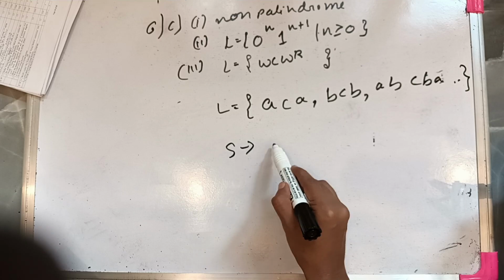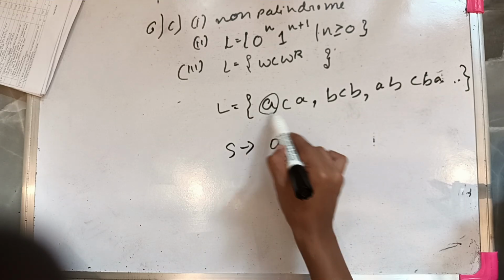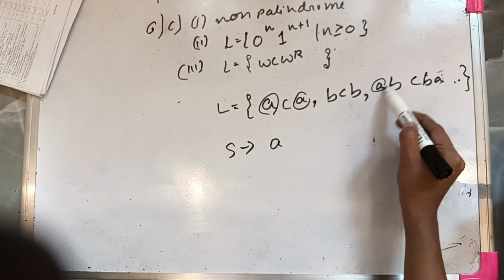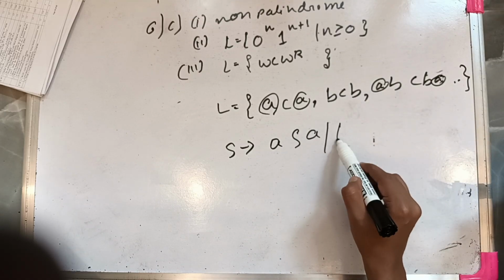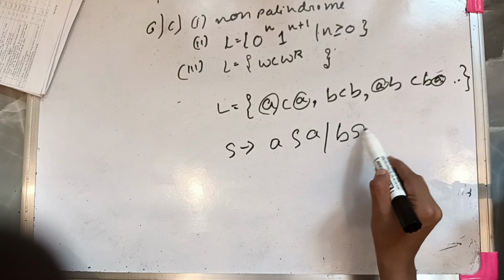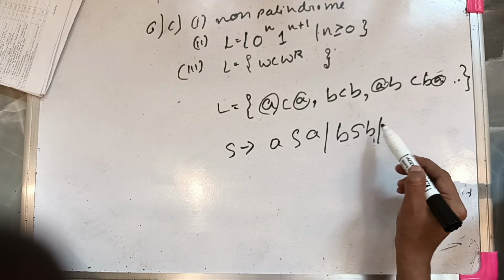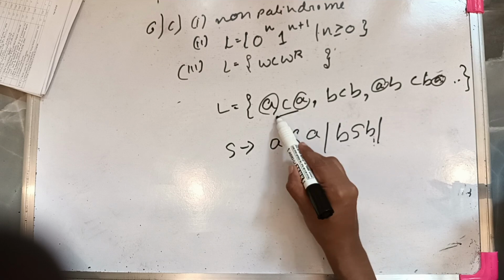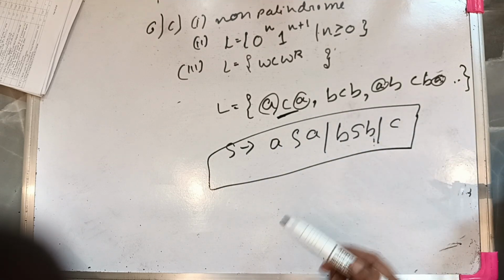So if it starts from A, it also ends with A. If it starts from B, it should end with B also, and in the middle any number of A's and B's, and the minimum base case is C.